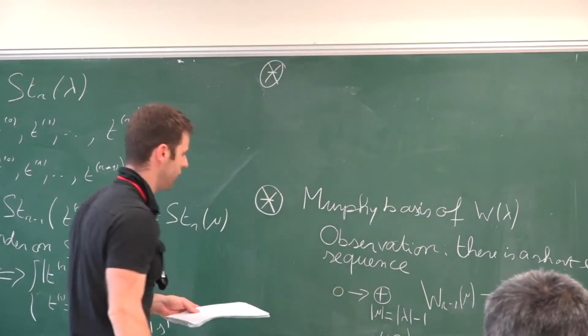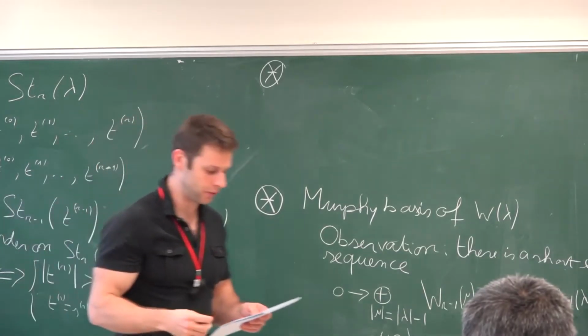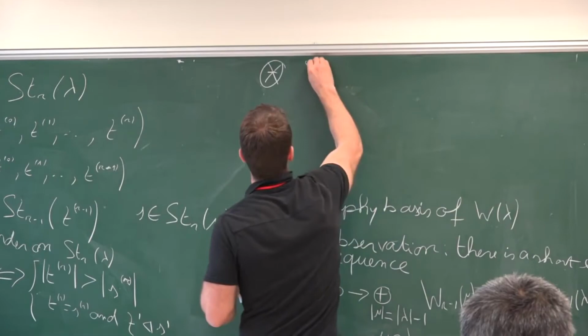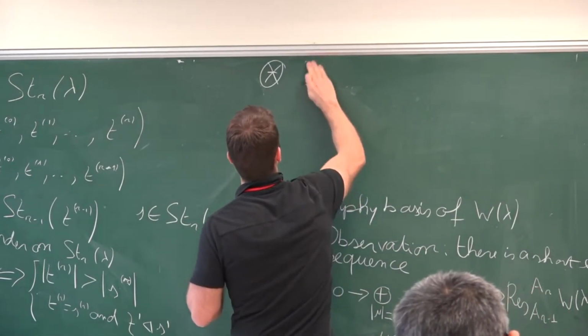So I have Jucys-Murphy elements and a Murphy basis, and now I want to mention what happens if I act with the Jucys-Murphy elements on the basis.